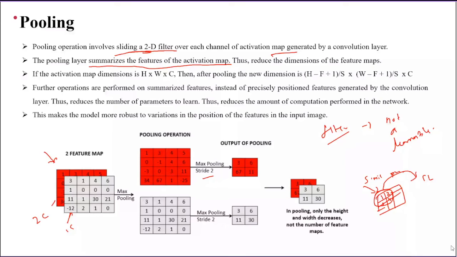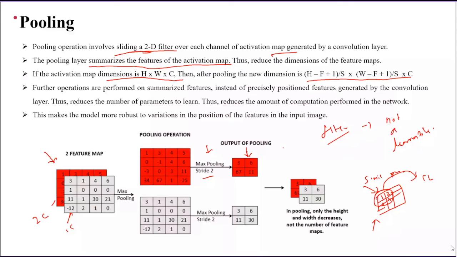Normally the activation map dimension is H, W, and C. And after pooling, you will get a reduced dimension. So in pooling, we are using a filter, and we are moving this filter according to the stride length, resulting in reducing the dimensionality of the feature map. Here you are taking a 4x4 feature map, and you are applying a 2x2 filter, and the stride length is 2.